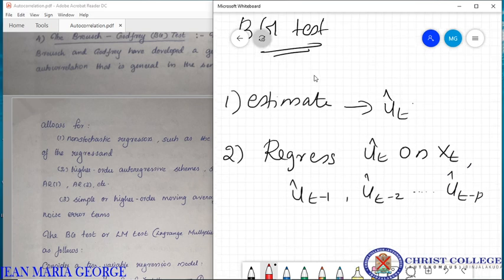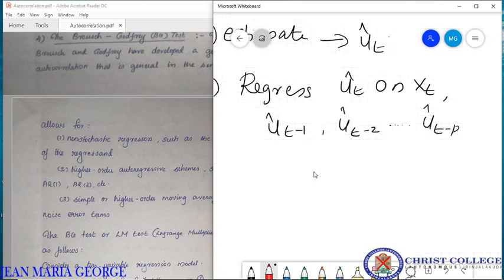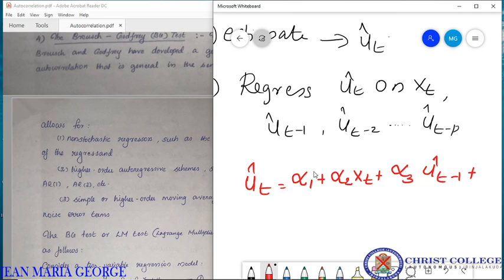So for that, run the regression as u hat t is equal to, let it be alpha 1 plus alpha 2 xt plus rho 1 u hat t minus 1, and so on.